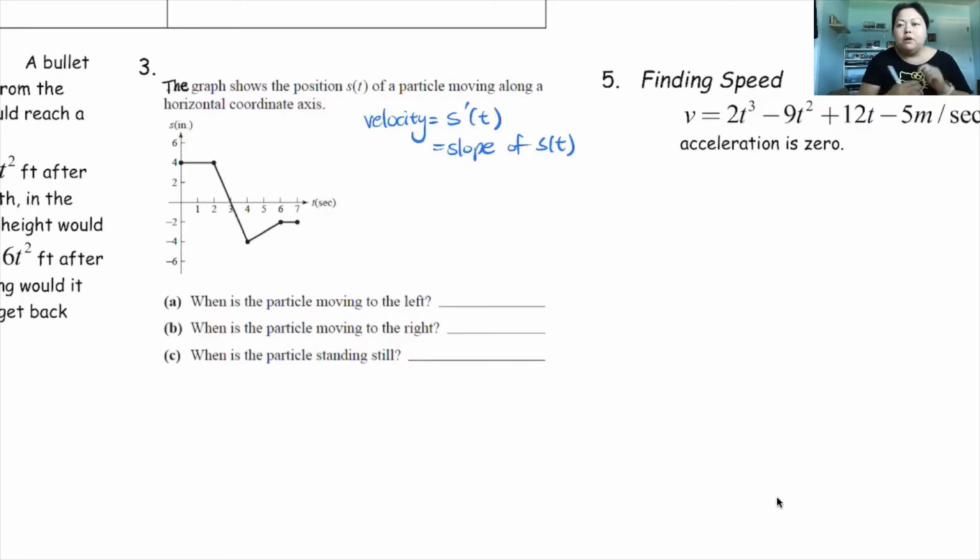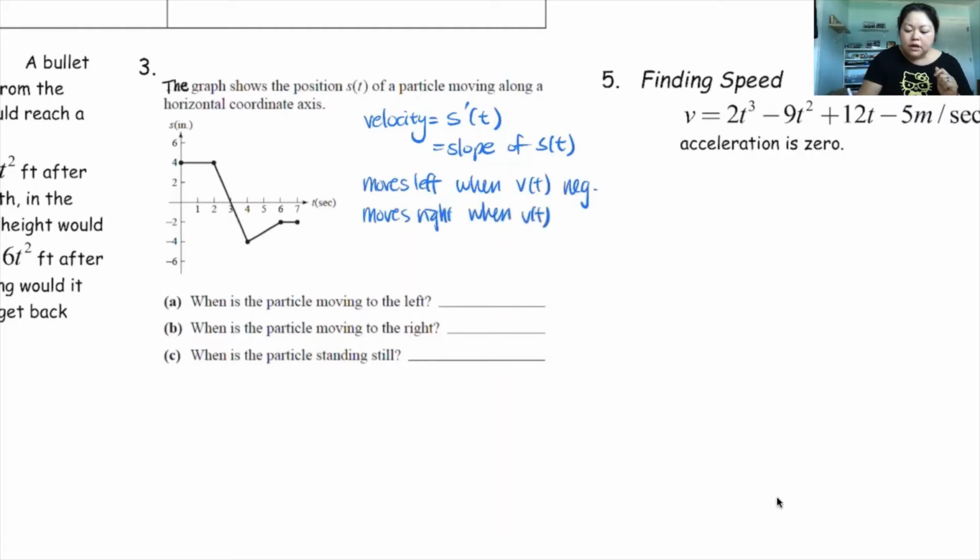What does it mean when a particle is moving to the left? What does it mean when a particle is moving to the right? So the particle moves to the left when your velocity is negative. It moves to the right when your velocity is positive.